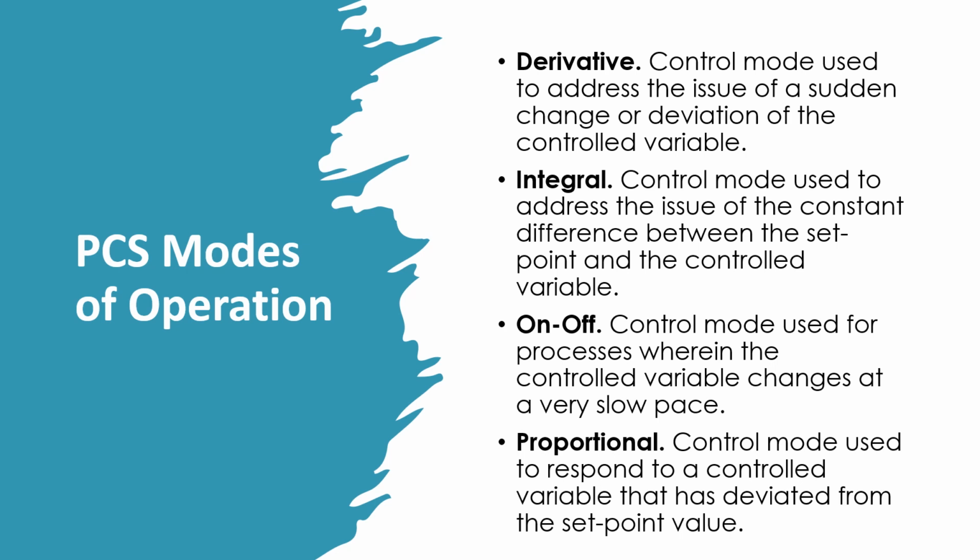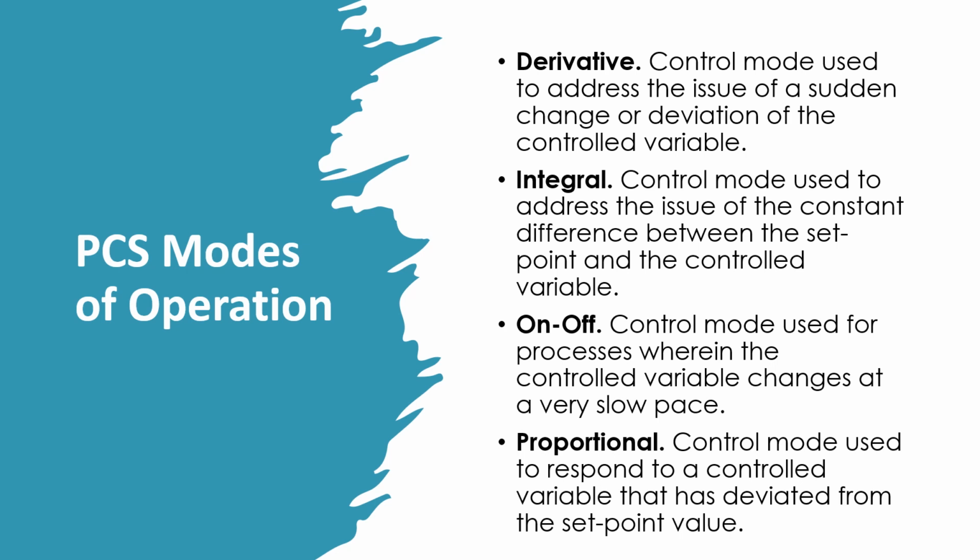The on-off control mode is used for processes wherein the controlled variable value changes at a very slow pace. This condition appears mostly in processes where temperature and/or pressure values are controlled. This control mode works on binary conditions, fully on or fully off.